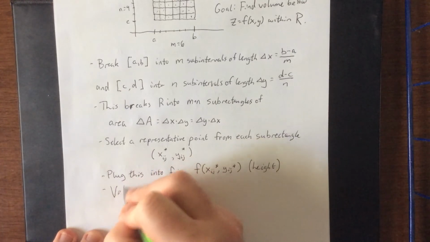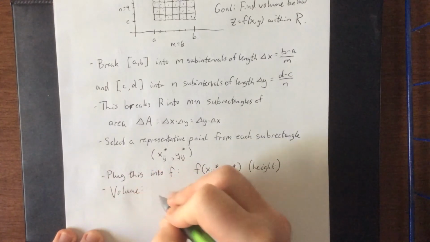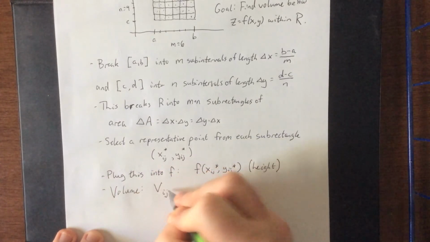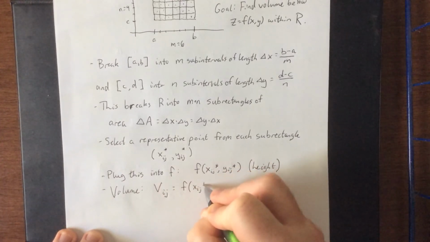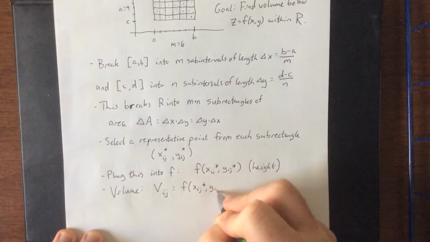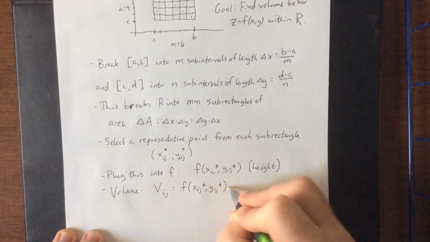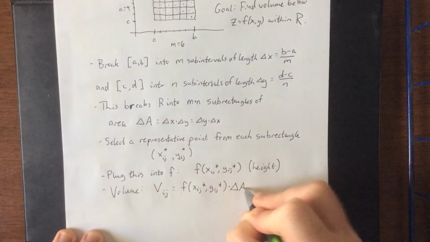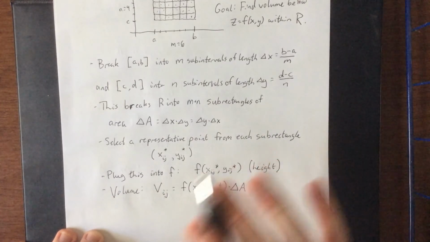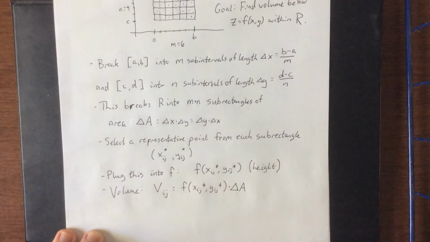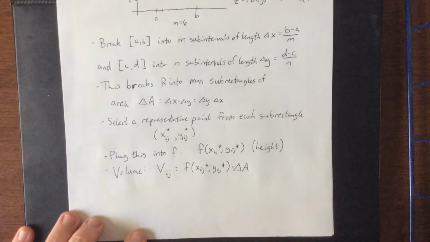So the volume for each of those, we'll call it v sub ij, is equal to f of x sub ij star, y sub ij star, times the area of the base. Generally speaking, the way that you calculate the volume of a three-dimensional object, if it's got that nice consistent cross-section, is you take the area of the base and you multiply by whatever the height is. Then we get to add them up.